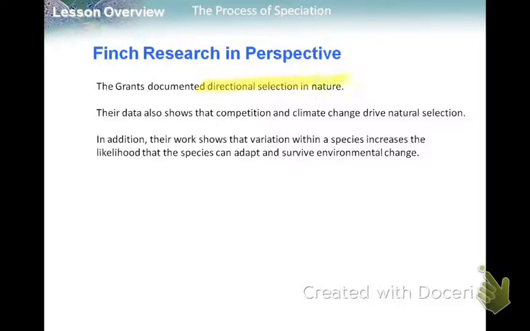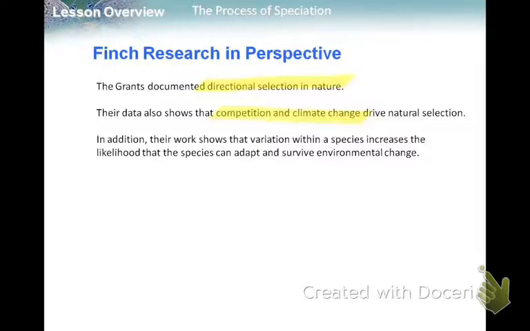Remember, this is called directional selection. There's one direction that you see that shift, and that's to larger beaks. Competition and climate change in terms of drought. There's less food. Competition between those finches with different beak shapes would drive natural selection as well.